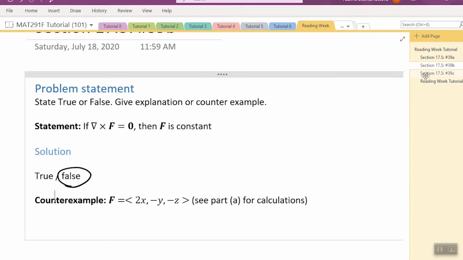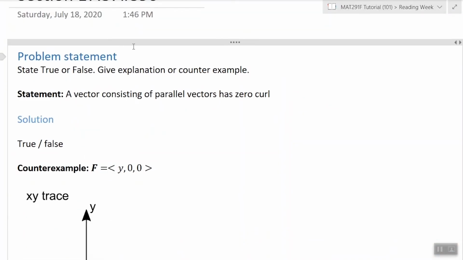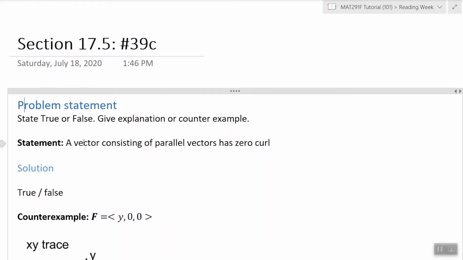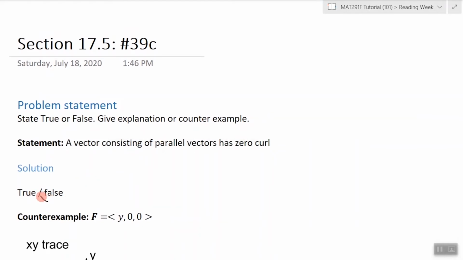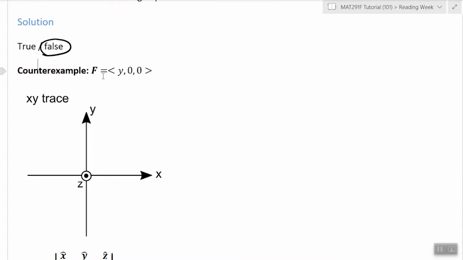Now let's do part C. In part C, the statement is like this. A vector field consisting of parallel vectors has 0 curl. This statement, I will claim that this is false. As a counterexample, I will use vector field F equals (y, 0, 0). Let me sketch the xy trace to sort of explain why I think this field has non-zero curl.